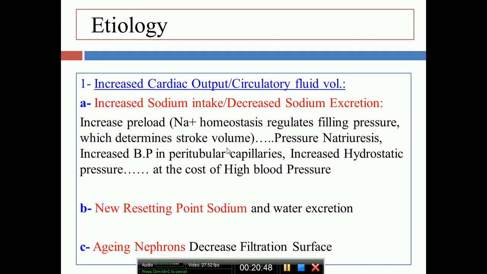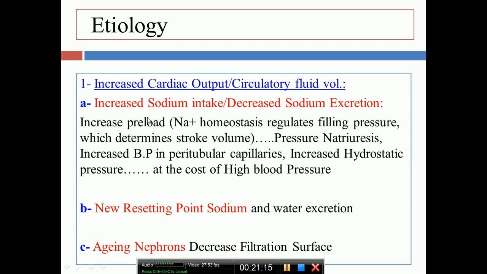Etiology is the cause of hypertension. The first cause of hypertension is increased cardiac output or circulatory fluid. If the blood volume increases or cardiac output increases, this can cause hypertension. But how? Increased sodium intake or decreased sodium excretion.